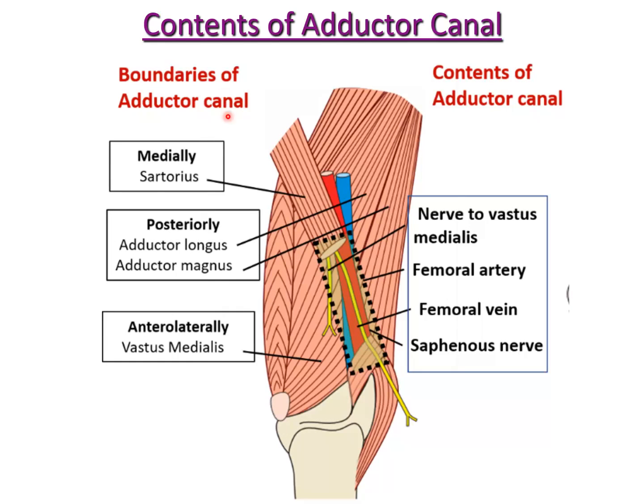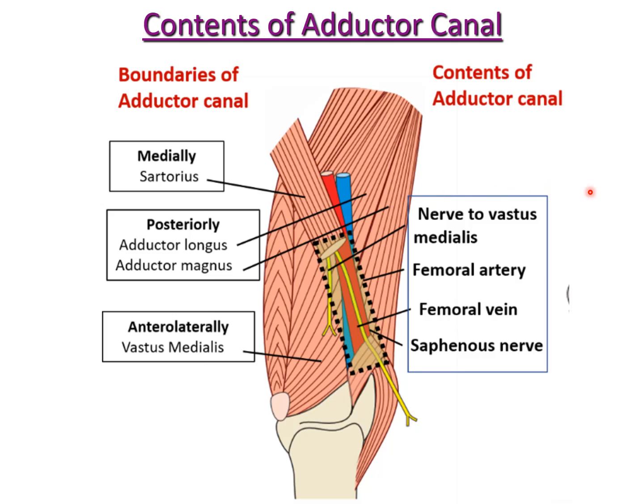So these are the boundaries once again: the sartorius anteromedially and the vastus medialis anterolaterally, and the posterior wall is formed by the two adductors, adductor longus and adductor magnus, which continues downward like this.